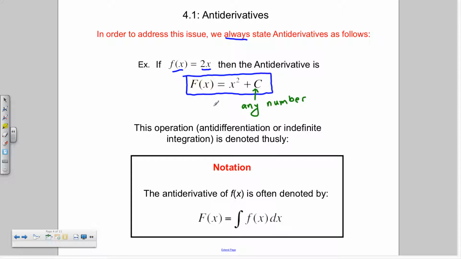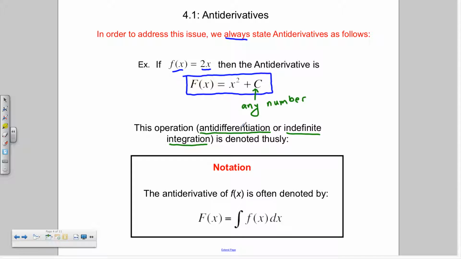Before we go on, we have a little bit of notation to discuss as well, so you guys are familiar with what you'll see afterwards. So this operation, called antidifferentiation, or finding the antiderivative, is also known as indefinite integration.